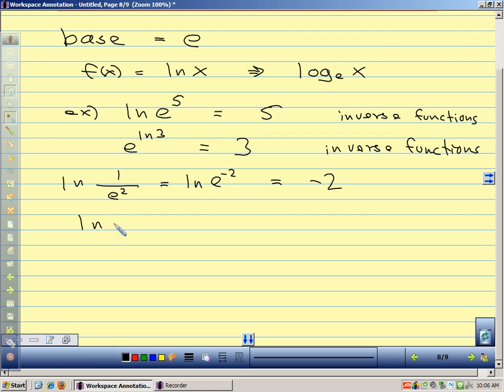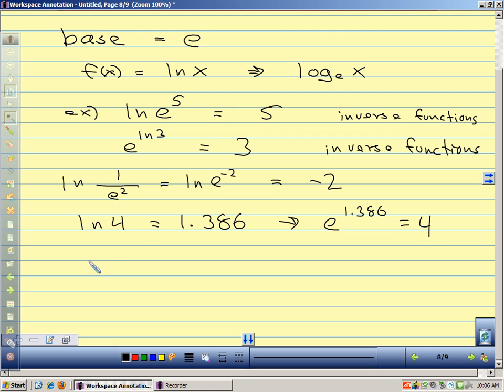If I have the natural log of 4 equals 1.386, this is the same as saying e to the 1.386 equals 4. Remember that you can think of the logarithm as the power of e that gives you 4, which is 1.386. That tells me e to the 1.386 equals 4.